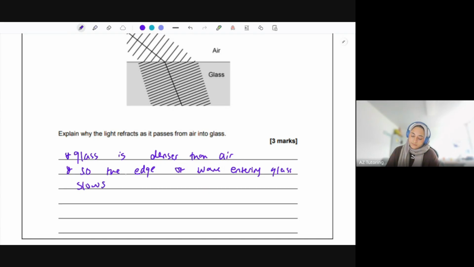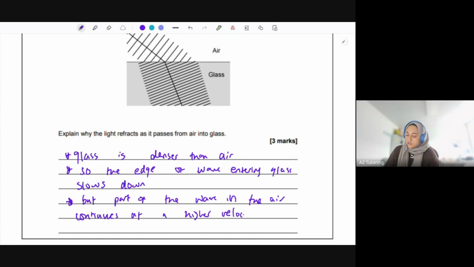So it slows down the wave coming into the glass, but part of the wave in the air is still going faster, so continues at a higher velocity, or you could say speed. So causing a change in direction.